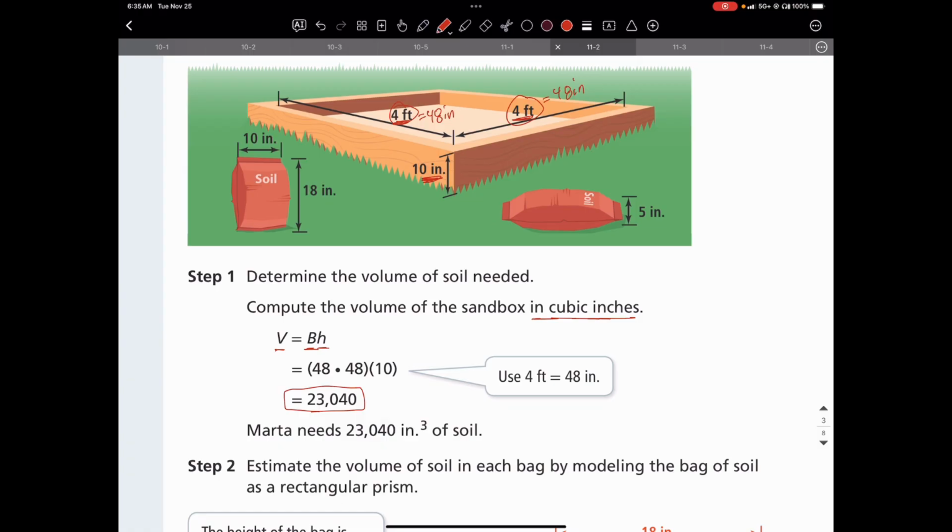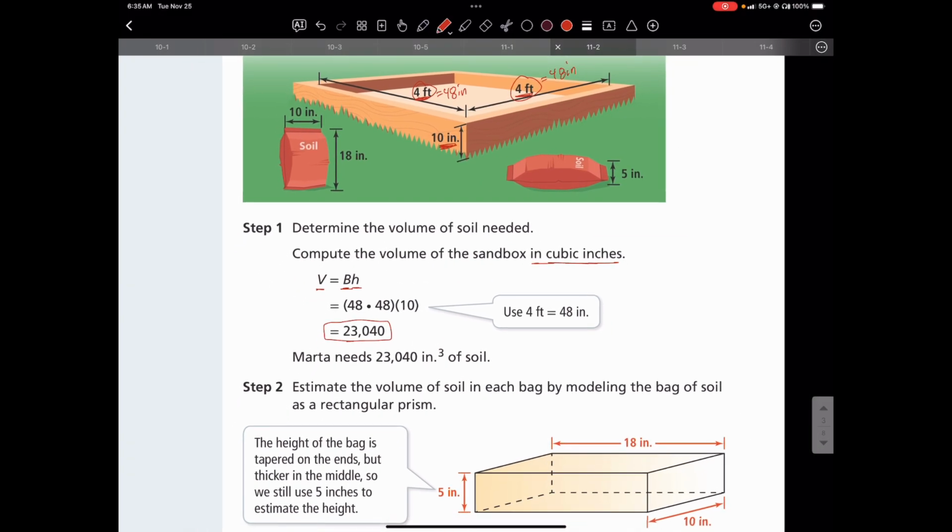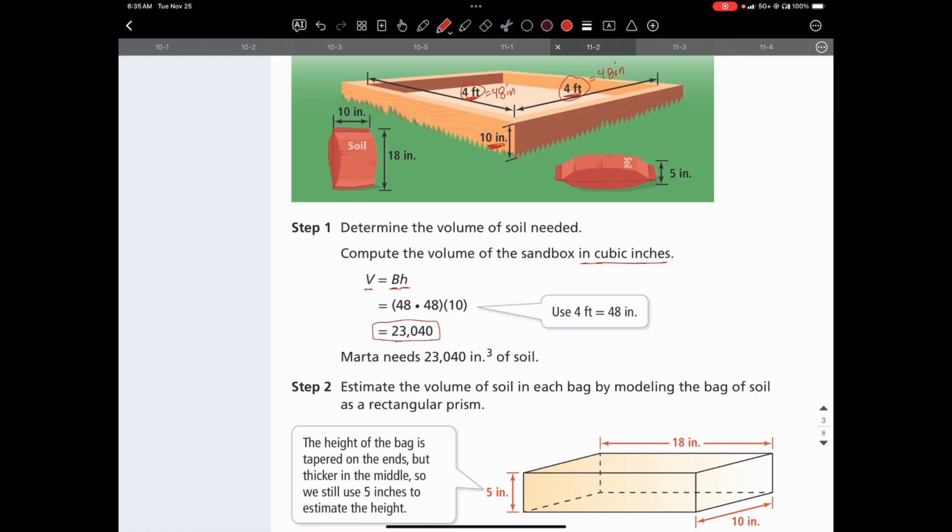So step two is estimate the volume of the soil in each bag by modeling the bag of soil as a rectangular prism, right? So notice the illustration. The bag has a height of 5 and then a width of 10 and depth of 18, or vice versa, however you want to say it. So remember, the volume is going to be capital B times height, right? Base times height.